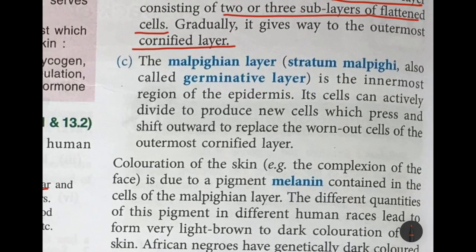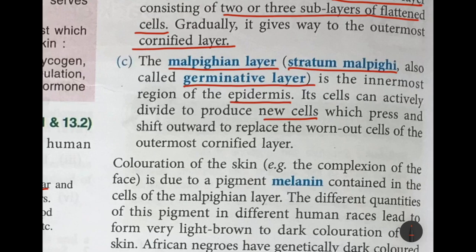Now, the third layer is the Malpighian layer, stratum malpighi, also called the germinative layer. It is the innermost region of the epidermis, and its cells can actively divide. So in the Malpighian layer, you will see actively dividing cells producing new cells, which press and shift outward, because in the cornified layer there are dead cells, and from the granular layer it is being pushed outside.